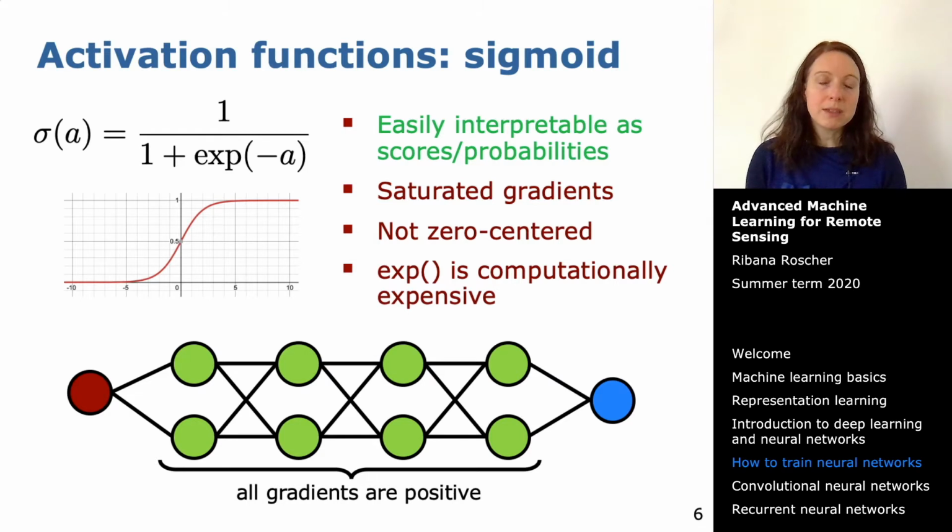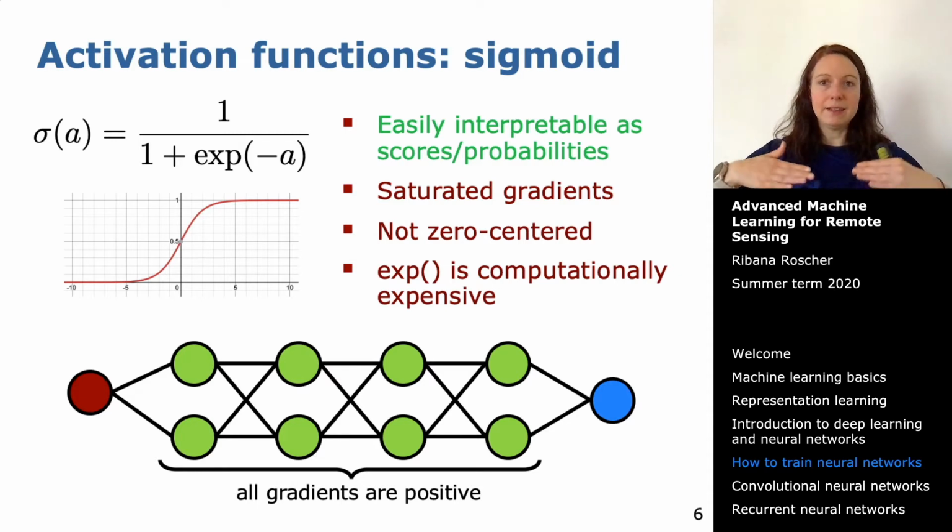Another problem with sigmoid is that it's not zero-centered. What does this mean? When you look at where the function is for when x is 0, it's at 0.5. That means this function never has values in the negative range.